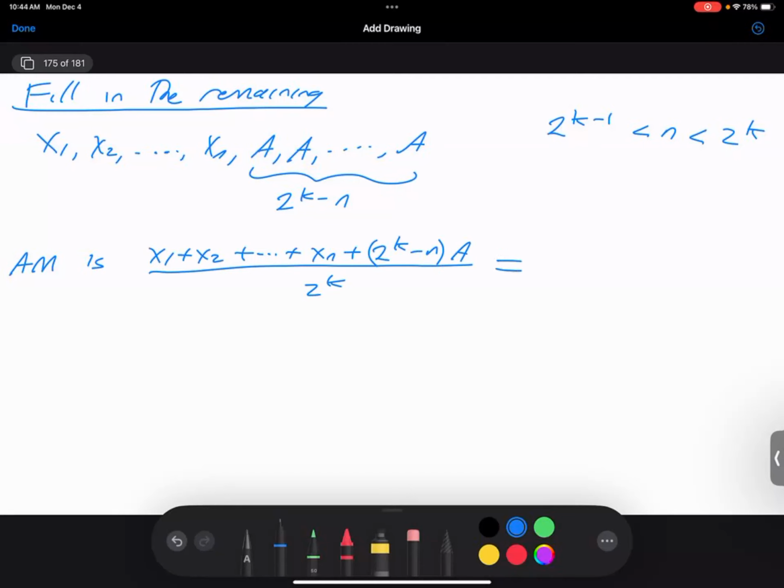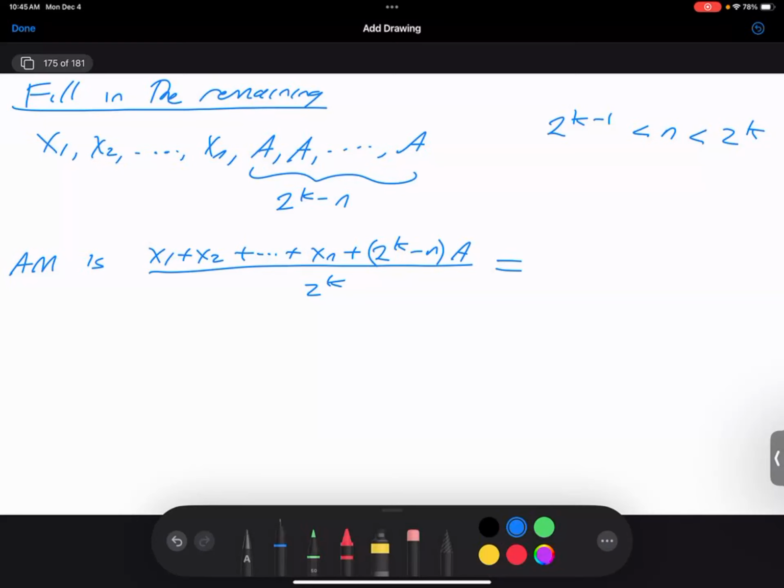And what do we want this arithmetic mean to equal? So think about it. We start off with x1 through xn. We want to compare the arithmetic mean of the x's to the geometric mean of the x's. What would we love for this quantity to equal?